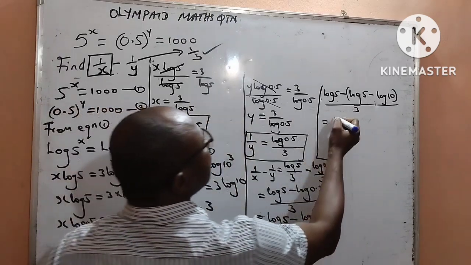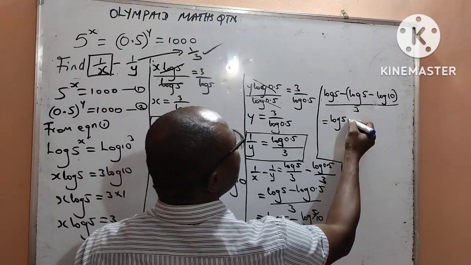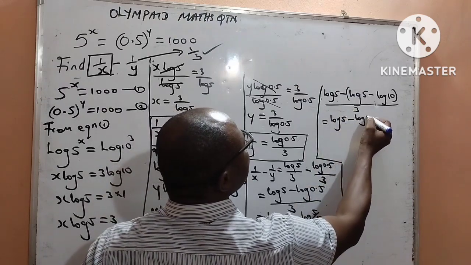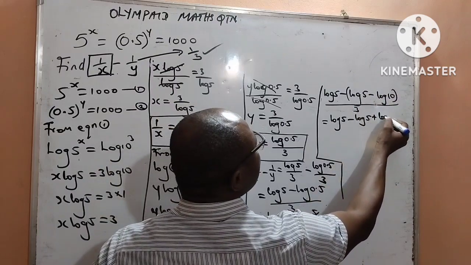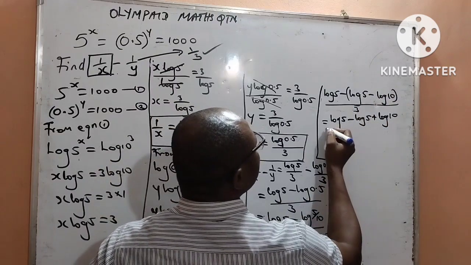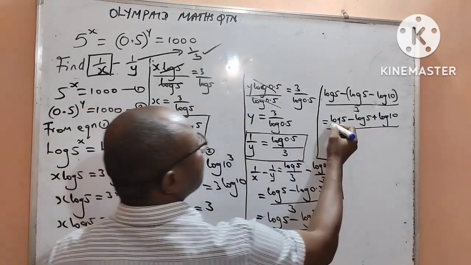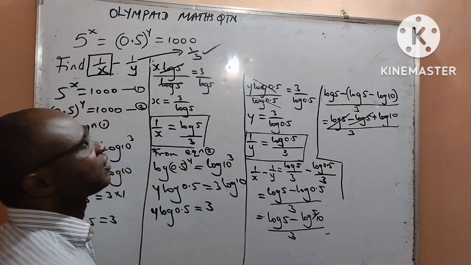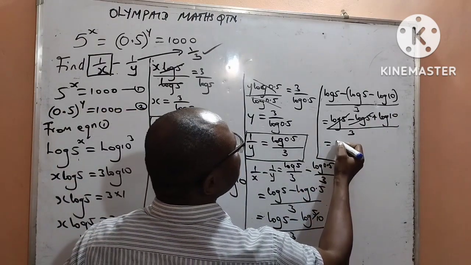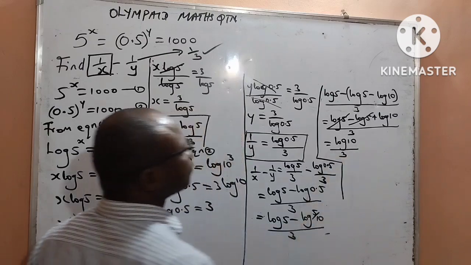Opening the brackets, I will now have log 5, then minus times minus will give me plus log of 10 all over 3. You can agree with me that this and this will cancel out. That is log 5 minus log 5, and I will be left with the log of 10 all over 3.